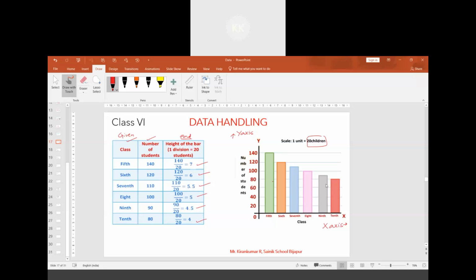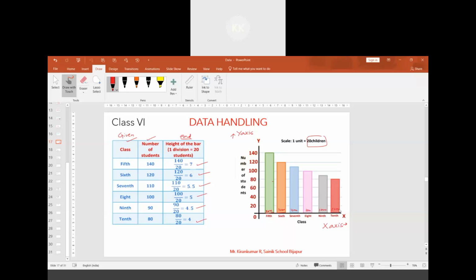So we need to make rectangles. For all these rectangles, we have to keep the same width. If we are taking 1 centimeter as the width, the same 1 centimeter should be considered for the remaining classes also. This is the procedure.